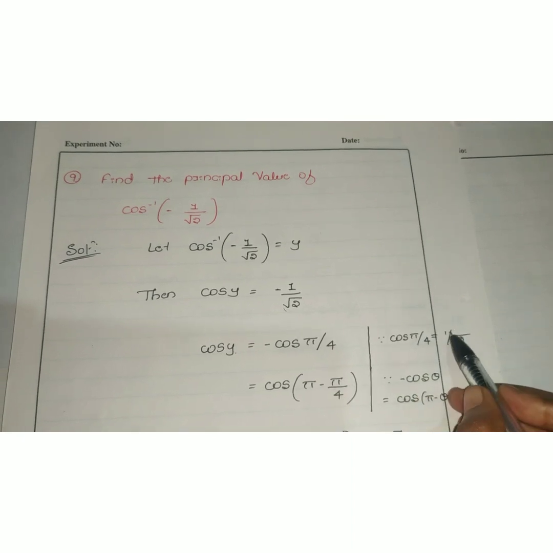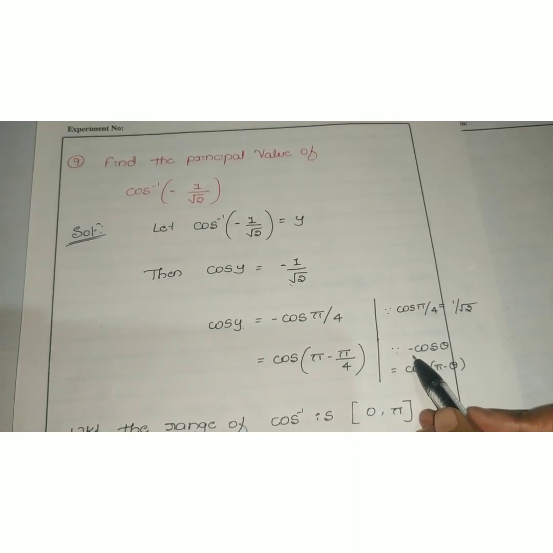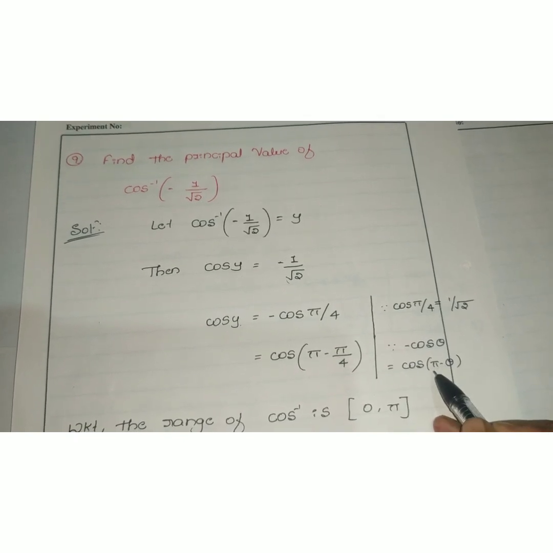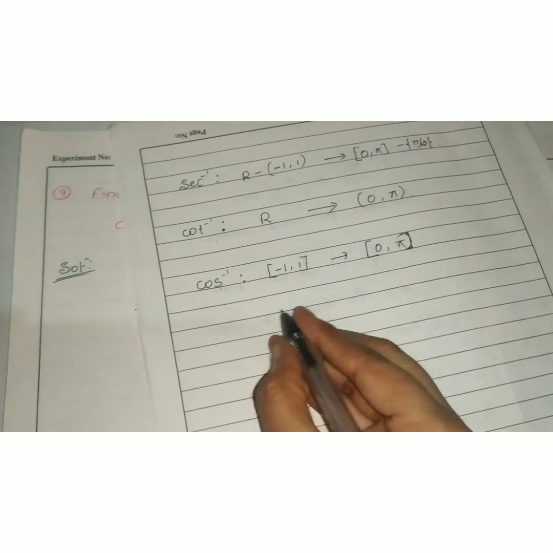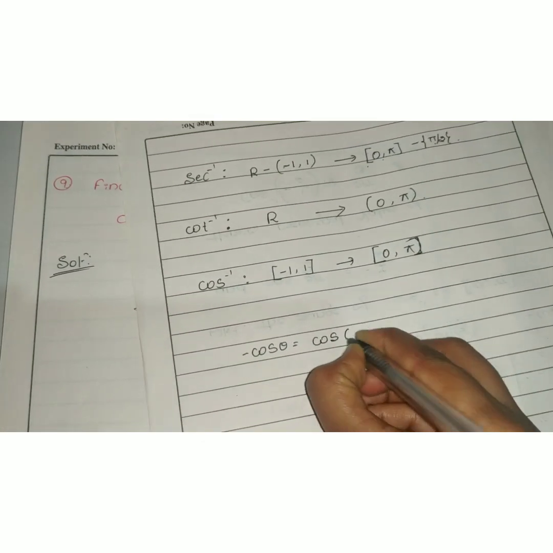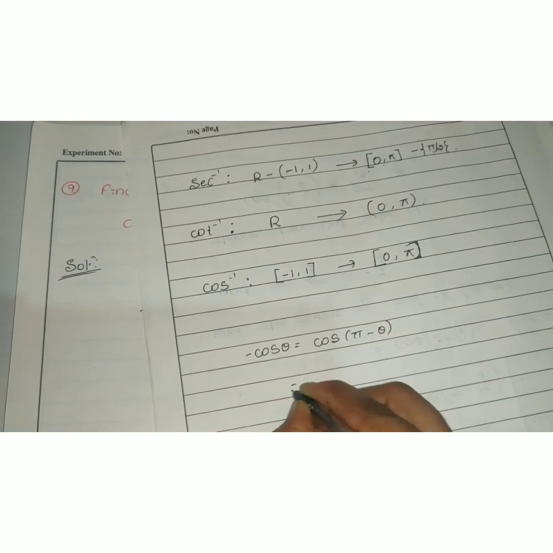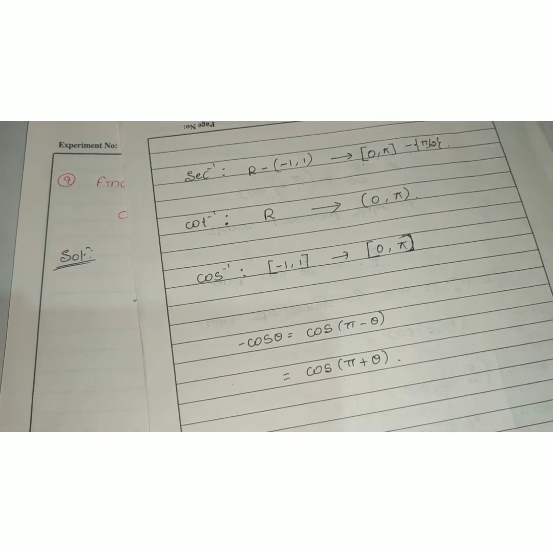Cos 45 degree value is 1 by root 2. And we know that minus cos theta equal to cos of pi minus theta, or cos of pi plus theta.